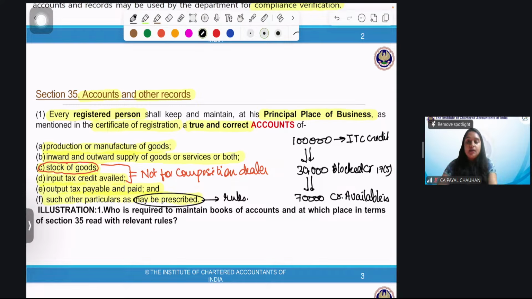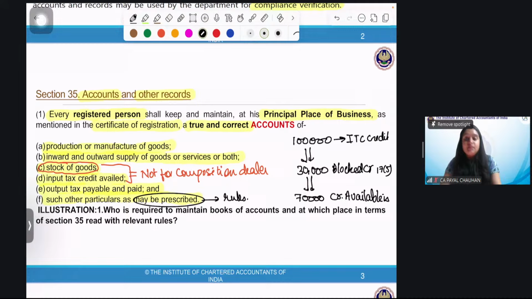Now tell me, as per GST law, how much credit can I avail? 70K. Very good. Now see, the ITC available to me was 1 lakh, but I could avail only 70,000. So there is a difference between both of them. Very good. Next question.